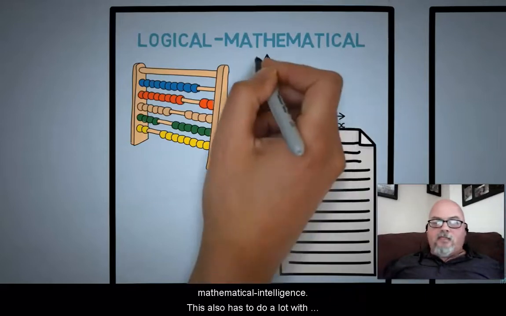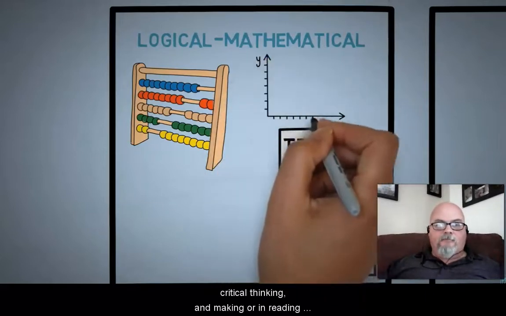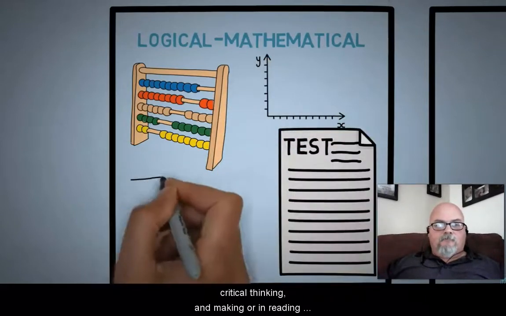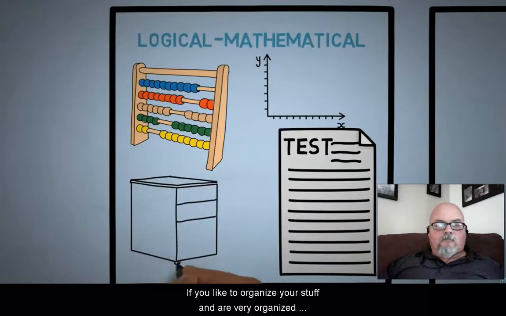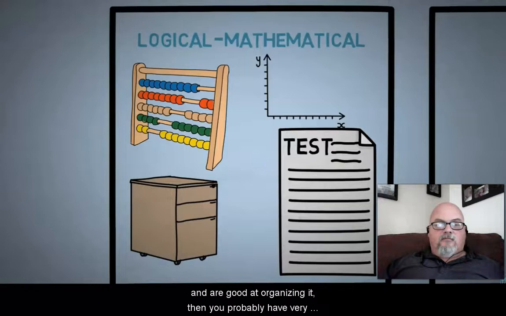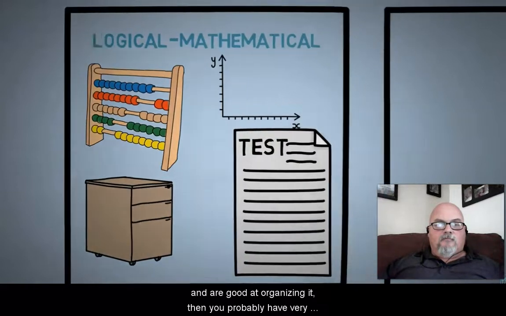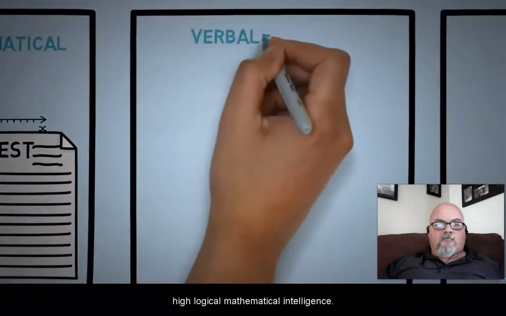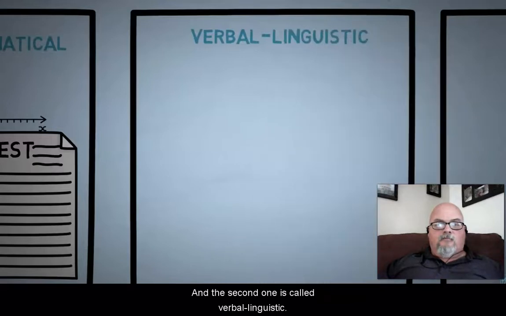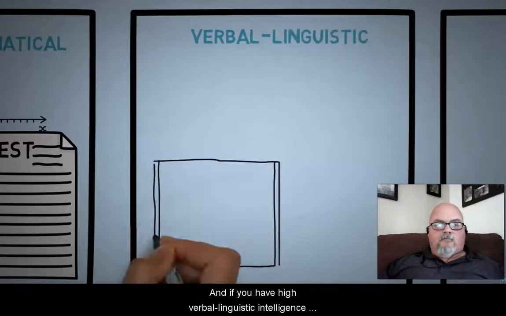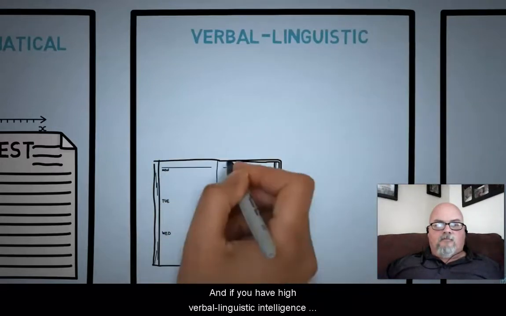This also has to do a lot with critical thinking and making and reading graphs, as well as organization. If you like to organize your stuff and keep it very organized and are good at organizing it, then you probably have very high logical mathematical intelligence. Now the second one is called verbal linguistic, and if you have high verbal linguistic intelligence, you are probably good at saying that word.